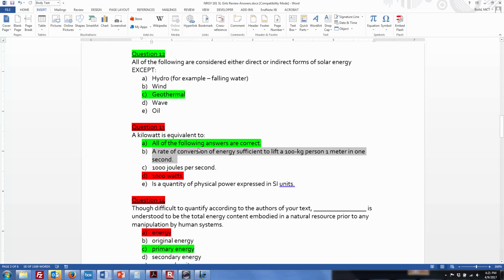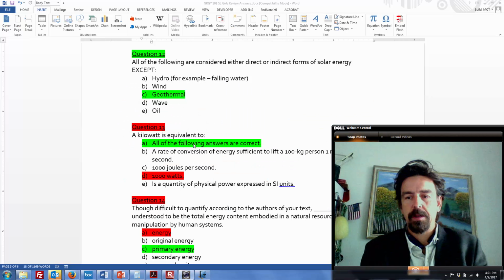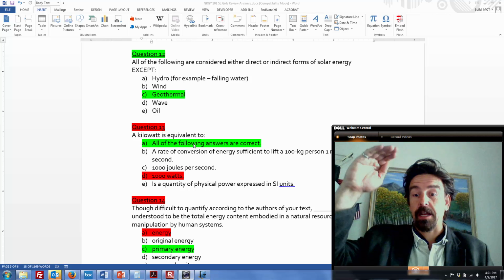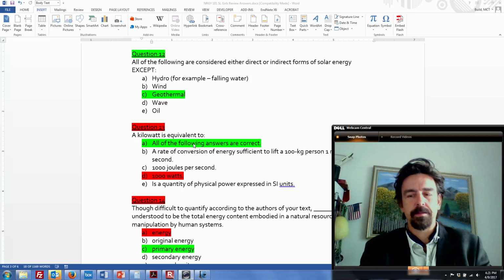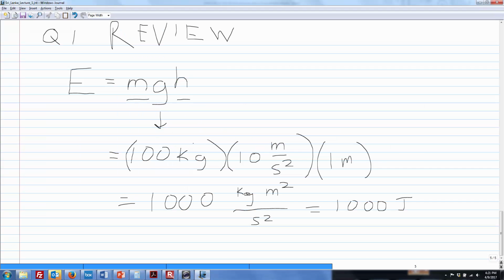Now, if I do this in 1 second, if I do it very quickly, I know that power equals energy divided by time.